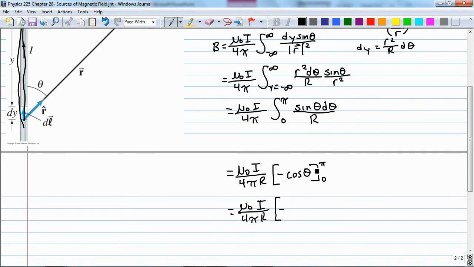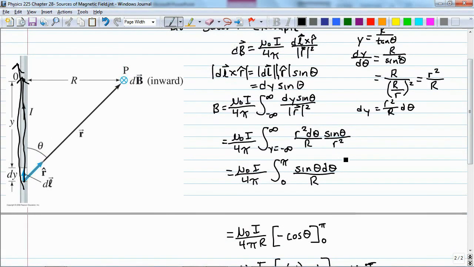So I have a negative cosine of pi, which is -1, and then I'm going to have a plus cosine of 0, which is 1. And that gives me 2 inside the brackets. And that 2 is going to cancel out one of the 2's that's in the 4, and I get mu naught I over 2 pi r. So I got back to what I was originally using for the magnetic field due to a long infinite wire and the current flowing through it.